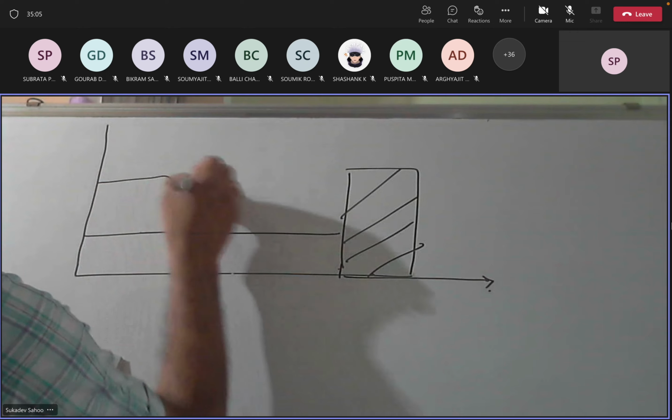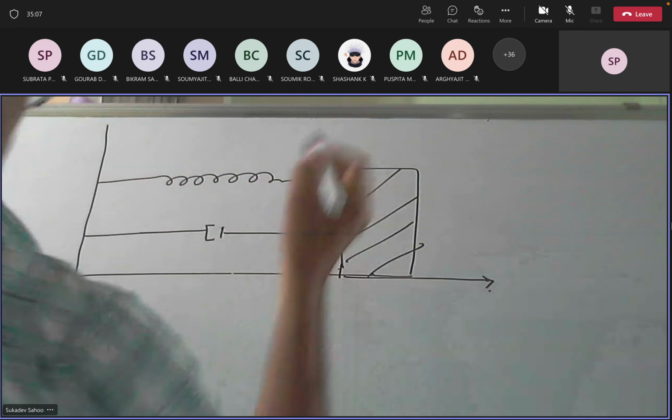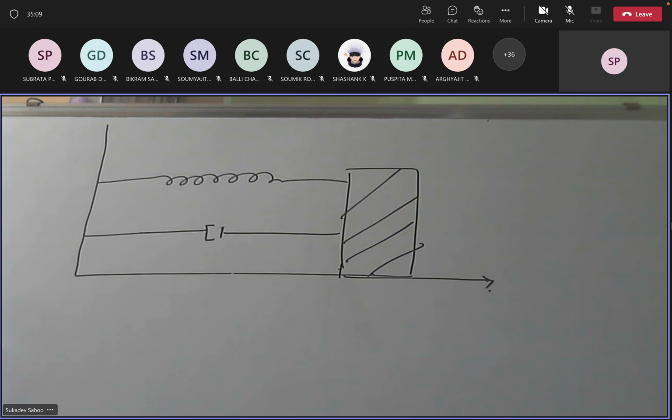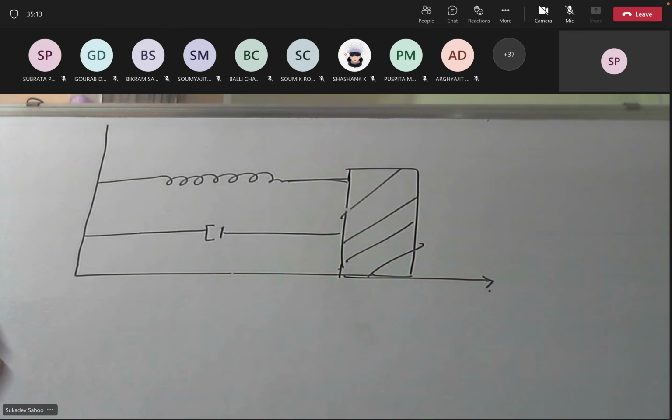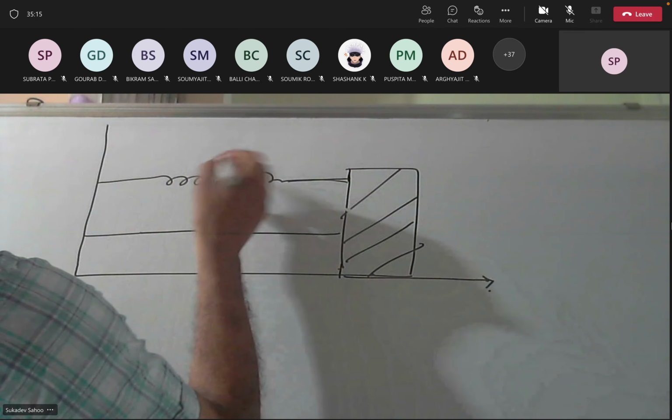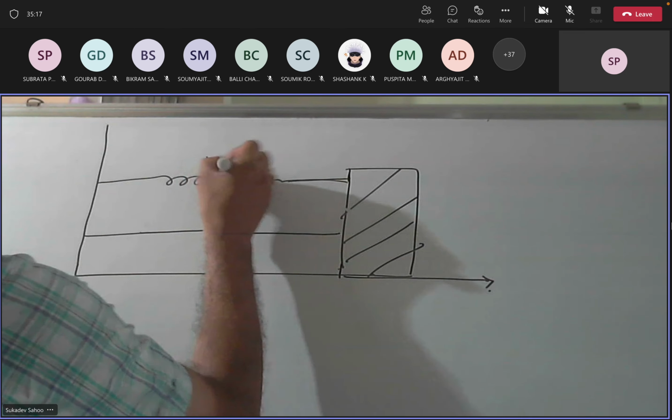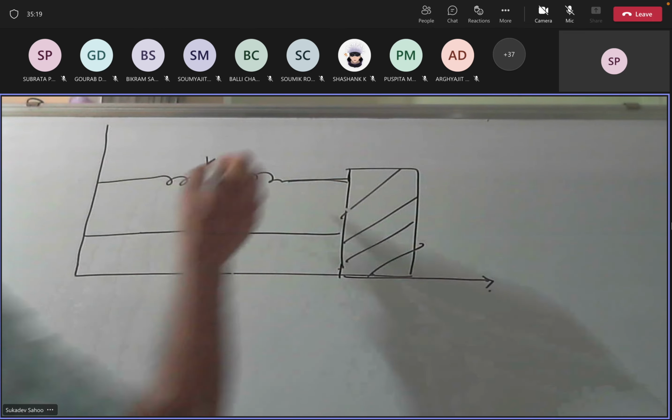And another thing is that the body is attached with a massless spring of constant k.